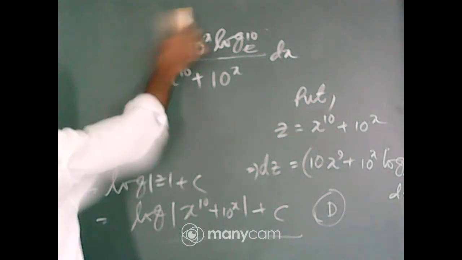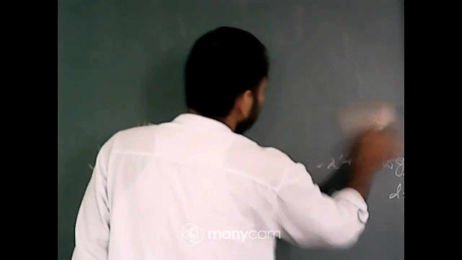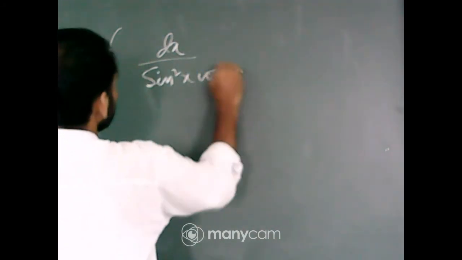39 also. Do it in your copy and tell me the answer through message, or you may say it to me. It is integration dx by sin square x cos square x.